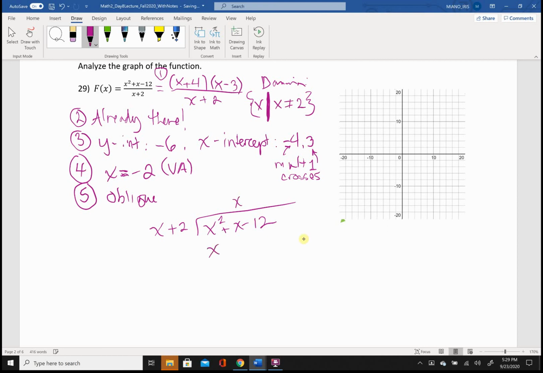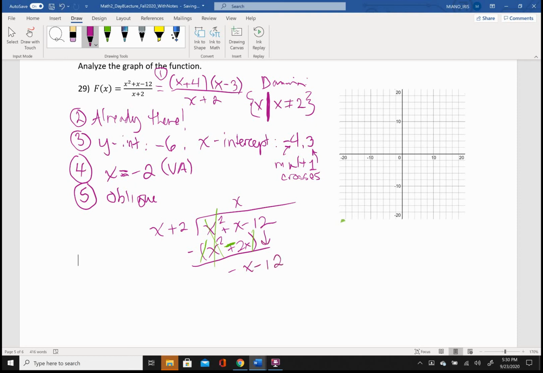Multiply through and you get x squared plus 2x. Subtract through, change the sign and operation, turn that into subtraction there. And so obviously these will cancel out as desired, and this will become negative x, because you're going to drop down that 12.